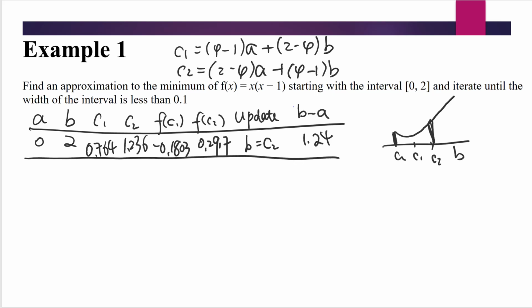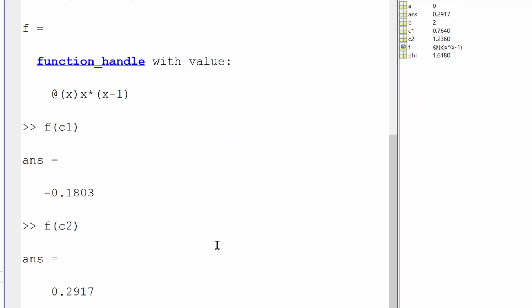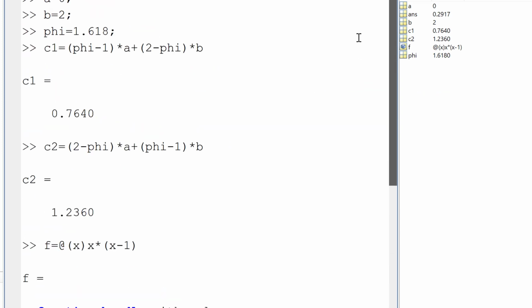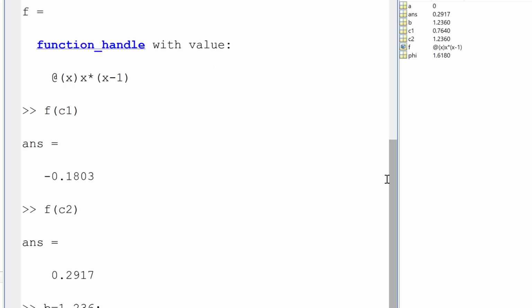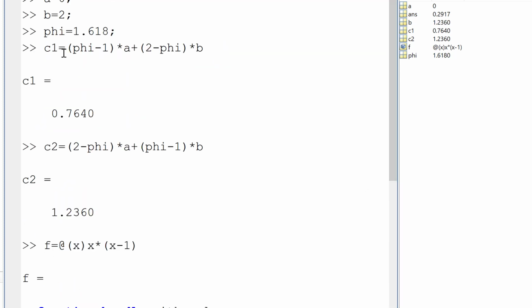In the next iteration, we start from A, which is not updated, and B is updated, so it will be C2, 1.236, and C1 and C2 will use the same formula. So B is equal to 1.236, and then we use the same formula.